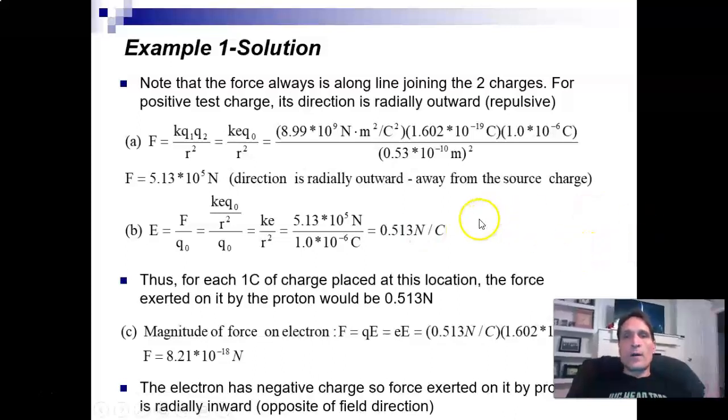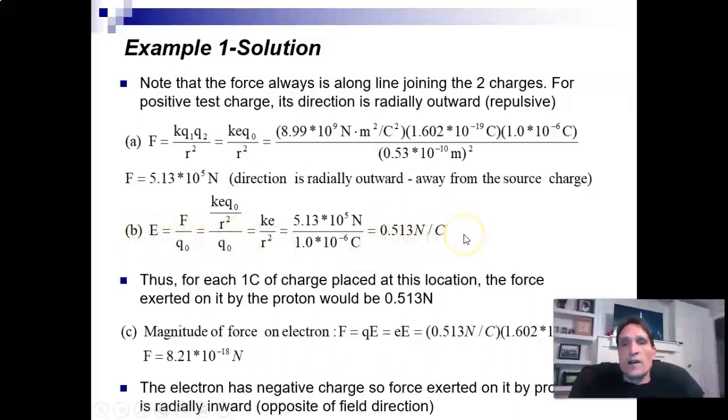So the nice thing about this is once we know the strength of the electric field, we put any magnitude charge at that location, we just multiply the electric field strength by the magnitude of the charge, and we can get the force.